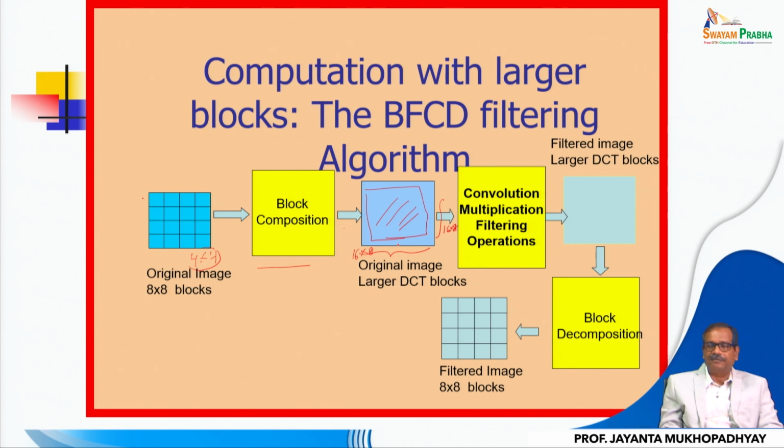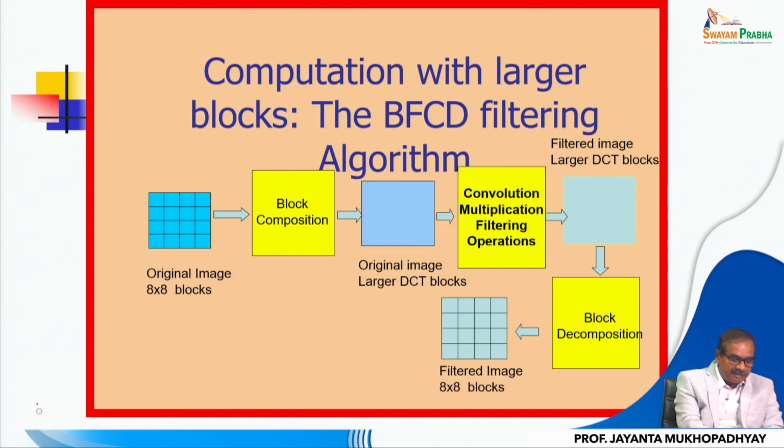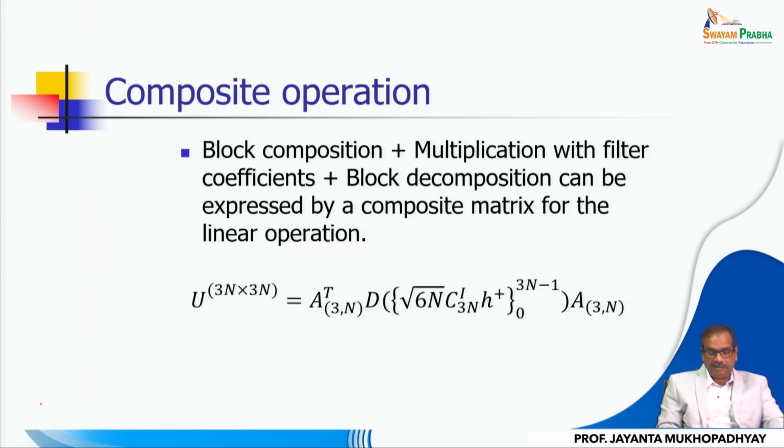So, the effect of truncation of filter length is also getting reduced. And then when you get this result, finally you have to apply block decomposition, and then you get once again the filtered images. So, this can give you a better quality image.